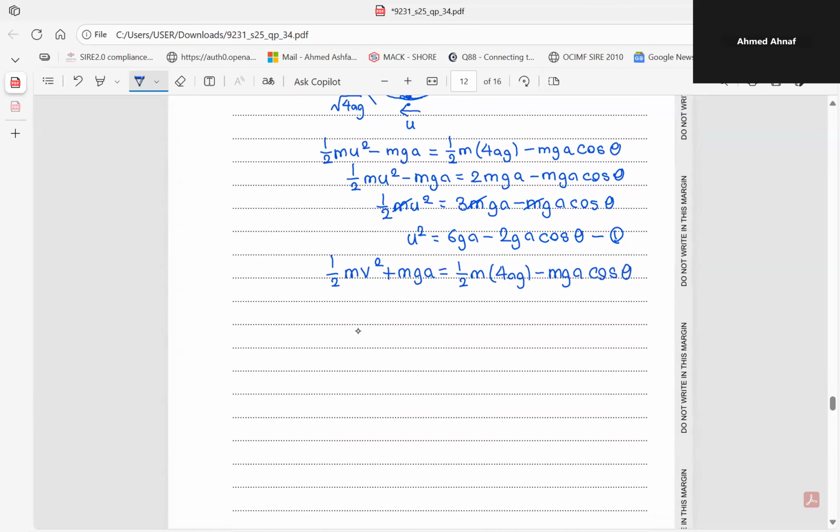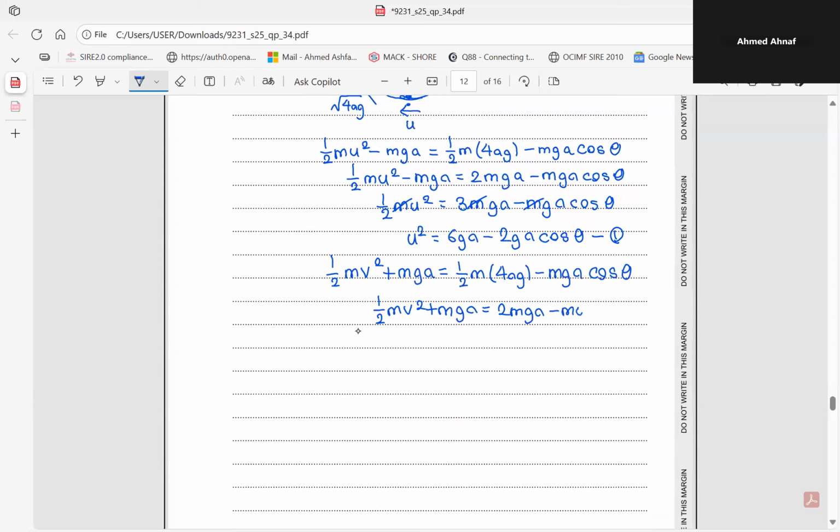So half mv squared plus mga equals 2mga minus mga cosine theta. Half mv squared equals mga minus mga cosine theta. So the m cancels out, and you get v squared equals 2ga minus 2ga cosine theta. So this is our second equation.